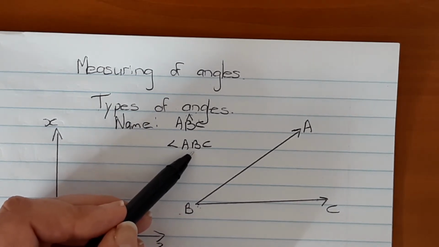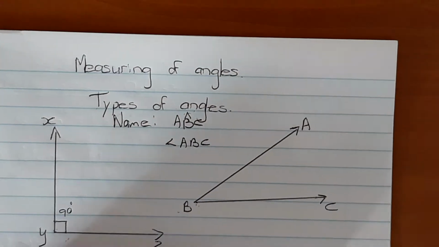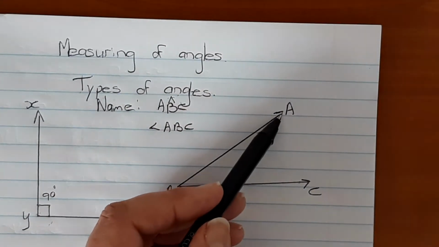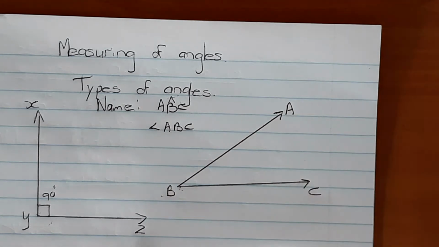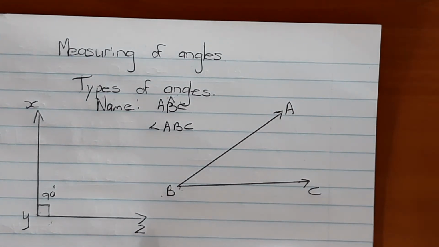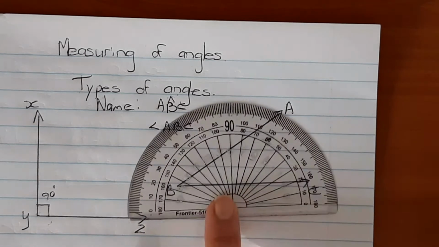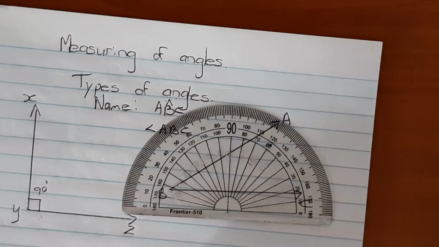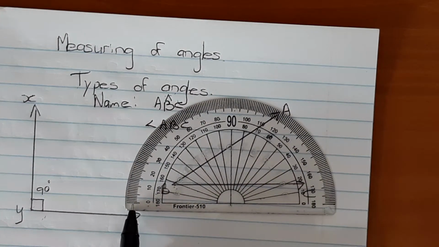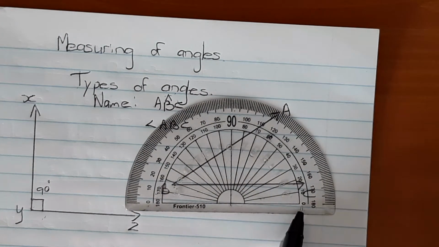To measure your angles, first look at your angle. Look at this one, for example. This is an acute angle, so you know it must be less than 90 degrees. You measure an angle with a protractor. If you look at your protractor, it has a 0 on that side and a 0 on that side.